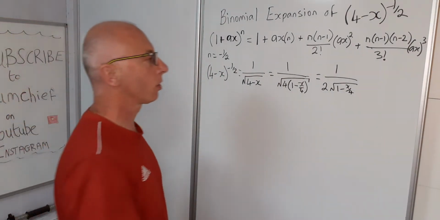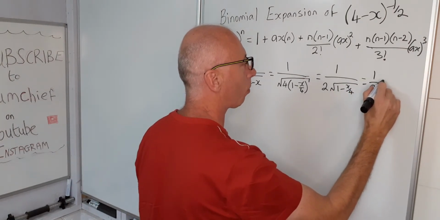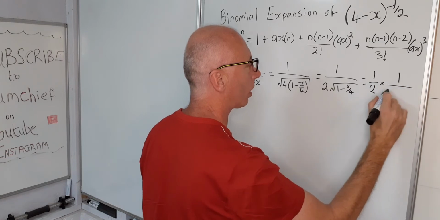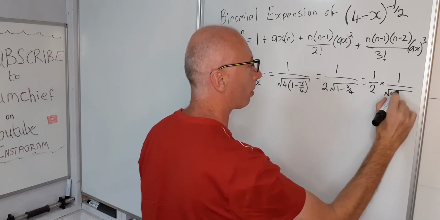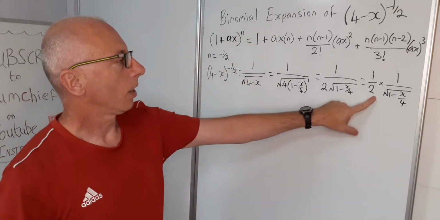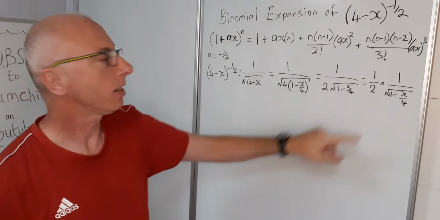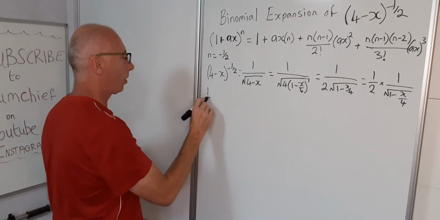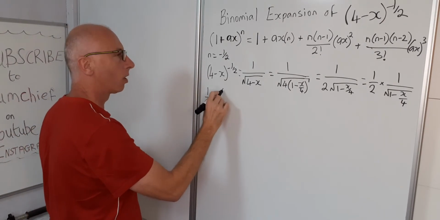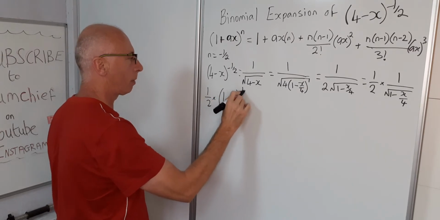Okay, so now let's rewrite that again to make things a little bit simpler: 1/2 times 1 over the square root of 1 minus x over 4. If we write that in terms of this, we then get 1/2 times 1 minus x over 4 to the power of minus 1/2.